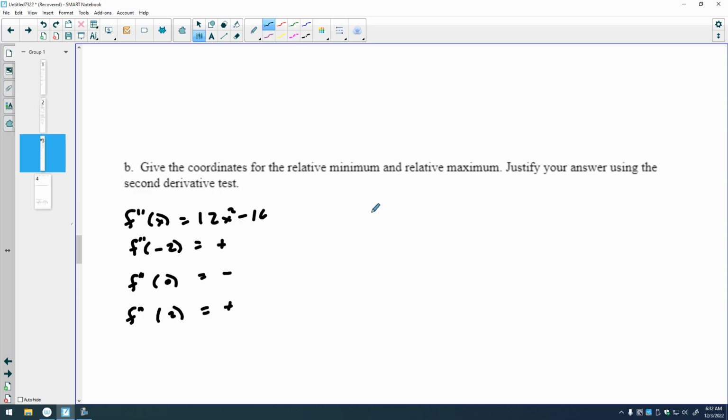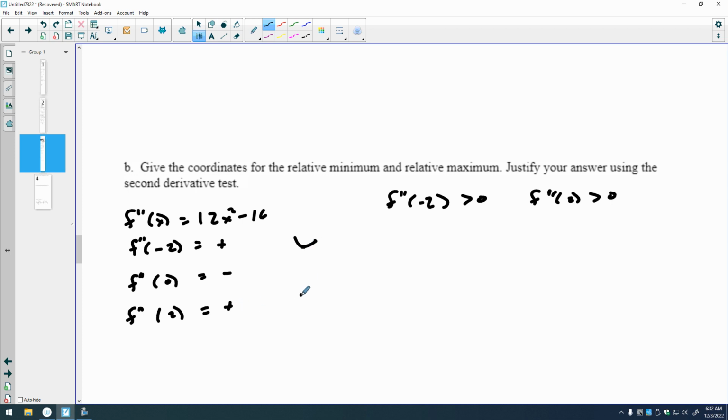Okay, so now I write in words, okay? By second derivative test, since f double prime at -2 is greater than 0 and f double prime of a positive 2 is greater than 0, this must be a relative maximum. Sorry, minimum, right? Concave up, this is a relative minimum.